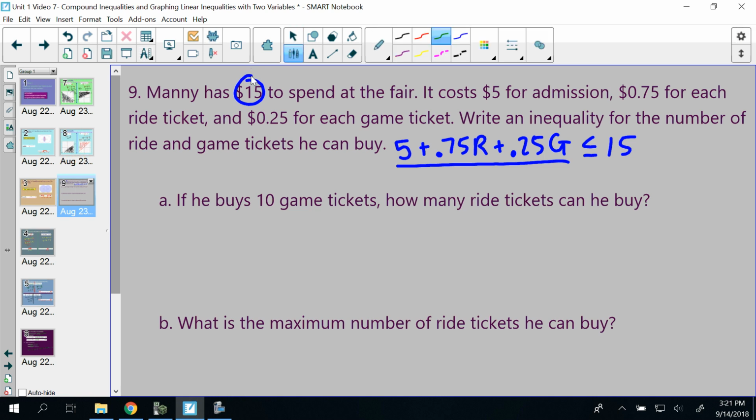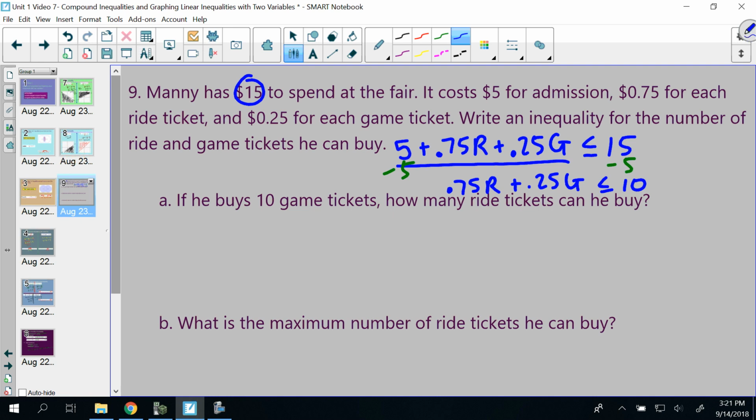Since 5 here is a constant that we can move, let's just go ahead and minus that from the 15. So it looks like really when we're doing these problems here now, our inequality is going to be that the rides and the games together have to be less than or equal to $10.